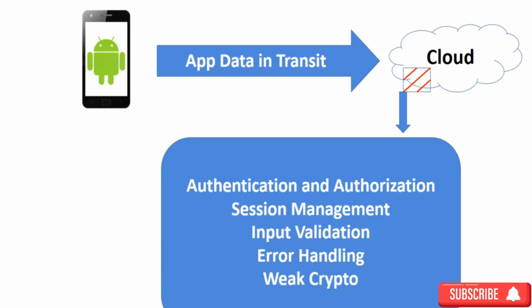Okay? And also input validation. Input validation is also known as data validation, which we have seen in applications for years, right? It is possible to have a SQL injection or a cross-site scripting vulnerability if no input validation controls are implemented. Okay? So those are the things you focus on to evaluate the backend.